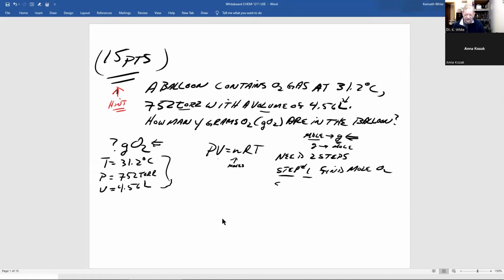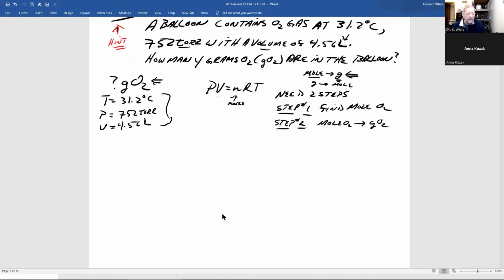Second step, convert moles of oxygen to grams of oxygen. So we better get to work. Step 1, we want to find moles of oxygen using PV equal nRT.